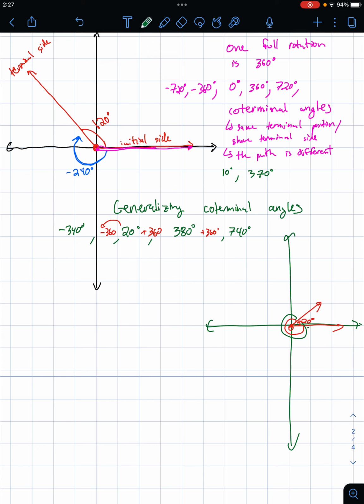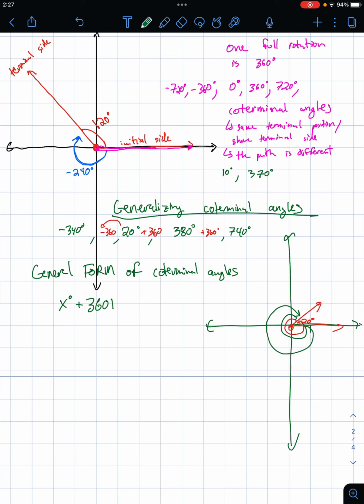So if I start here and go 340 degrees clockwise, I'm going to land at that same relative location. So if I want to have the general form of the set of all coterminal angles, I could say x degrees plus 360k degrees.